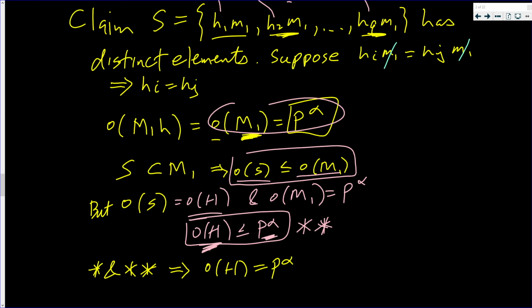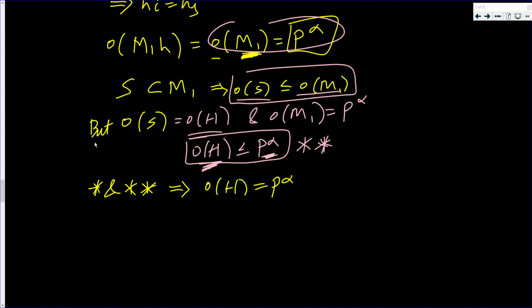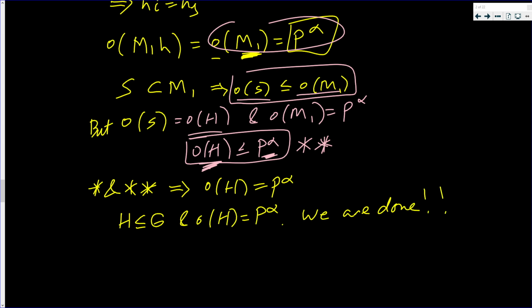Now, two very important things. H is a subgroup of G. I think that's it. And the order of H is p to the alpha. We're done. We are done. We found our subgroup of G.